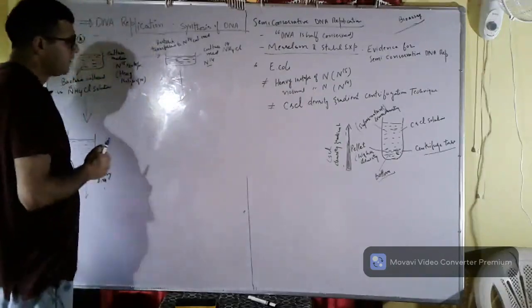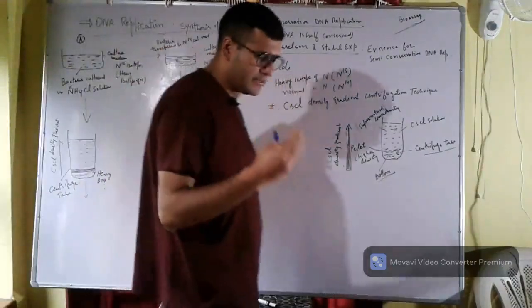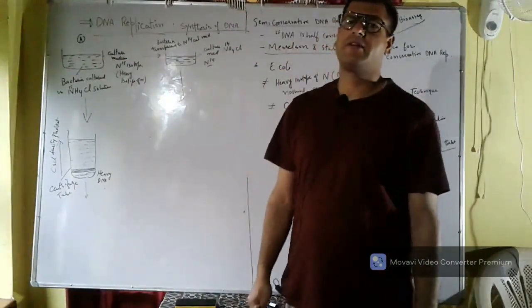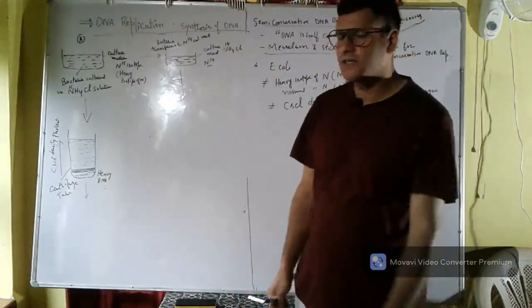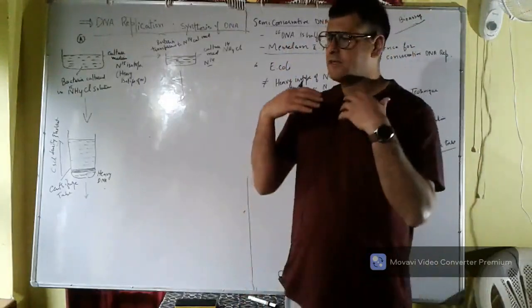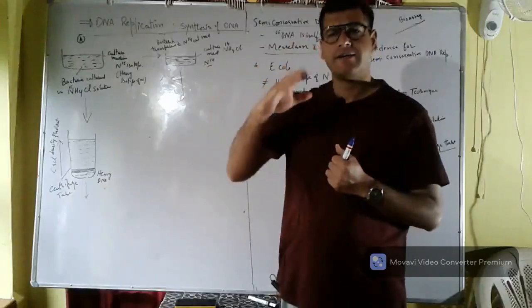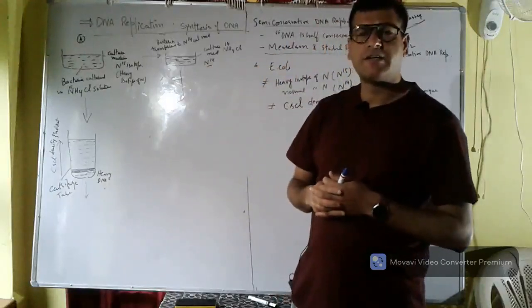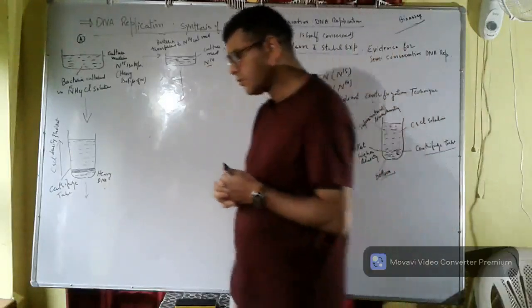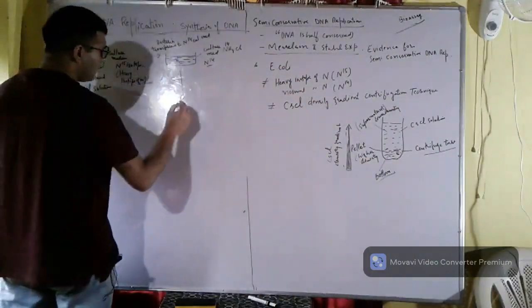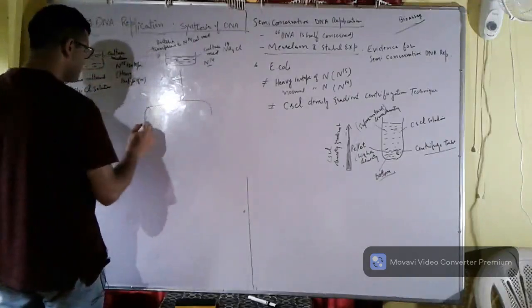After they were transferred to N14 culture medium, 20 minutes is the generation time for E. coli. That means it is the time after which this DNA divides, that means this bacterial cell divides. So after 20 minutes, what they found? After 20 minutes, they got the first generation.